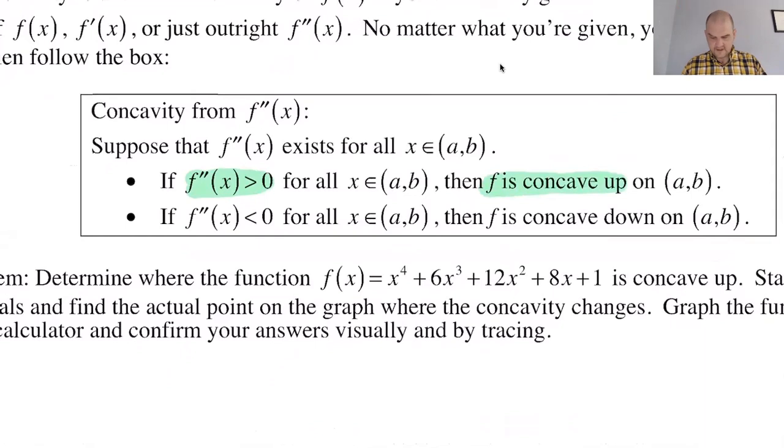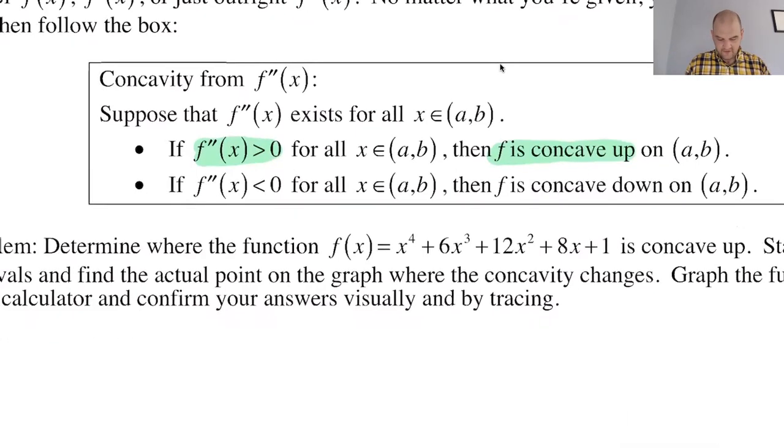On the other hand, if it's convenient, calculate f double prime, and then we can do a sign chart for f double prime and go from there. If f double prime is negative, that means f prime is decreasing. So either of those, f prime decreasing, f double prime negative, connect those in your head. That's why I'm saying them over and over. That'll tell you that f is concave down.